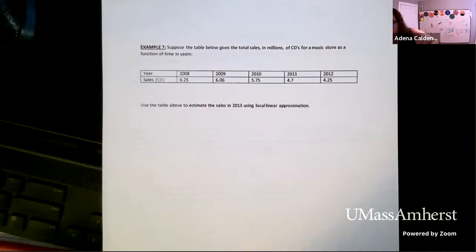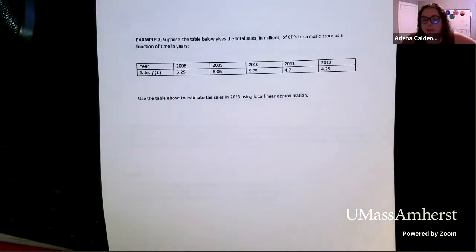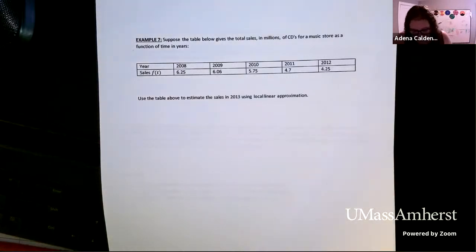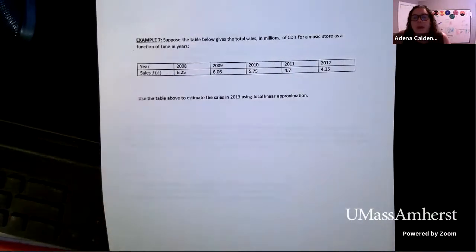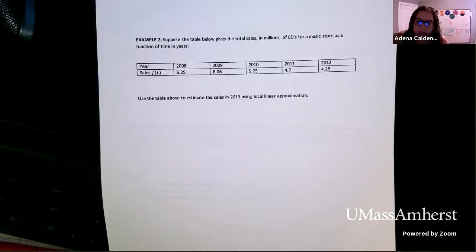So suppose the table below gives the total sales in millions of CDs for a music store as a function of time in years. I'm going to go ahead and assume that you all know what CDs are because I'm not willing to admit that I am old. So here, what this tells me is that in 2008, there were 6.25 million CDs sold, which is probably true, right?